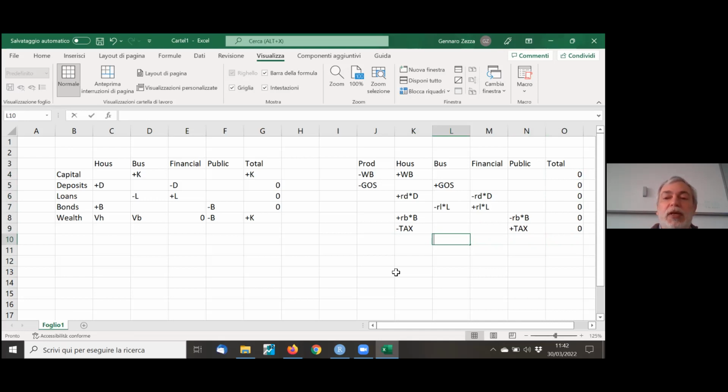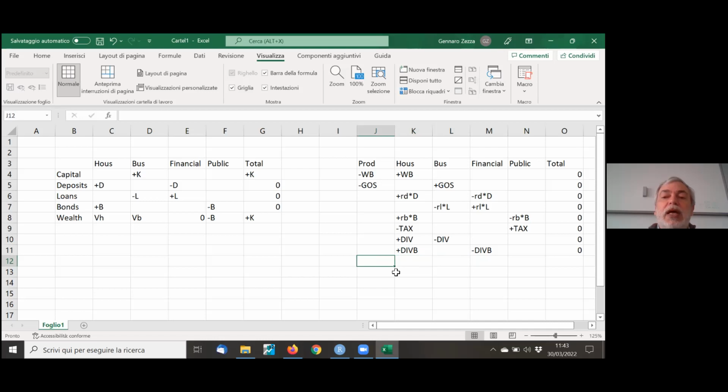So if we have dividends, they will be gained by households, and we will want to have the bank dividends. And we usually assume that all profits made by banks are distributed, so that there is no retained profit for the banks, the banking sector.